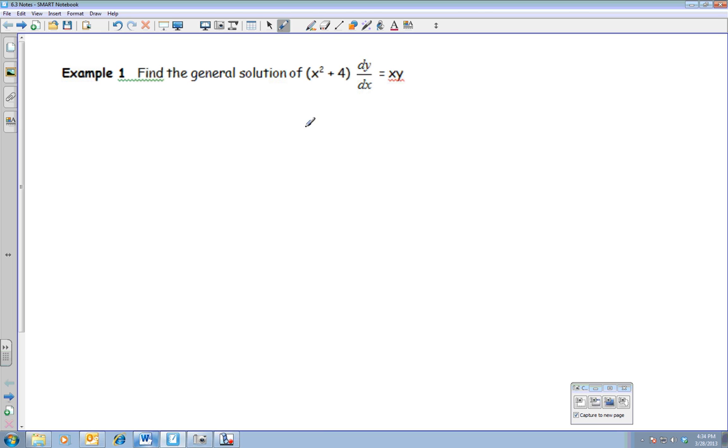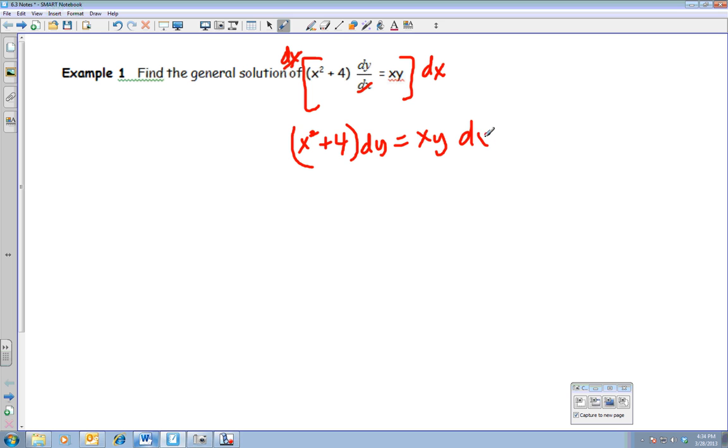The first thing I'm going to do is multiply this whole thing by dx. So I have x squared plus 4, because the dx cancels, dy equals xy dx.